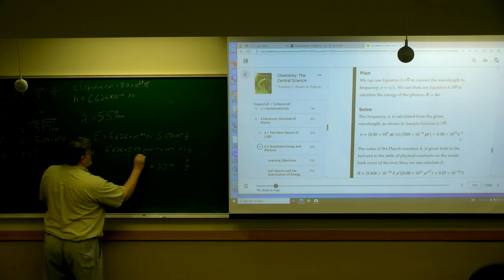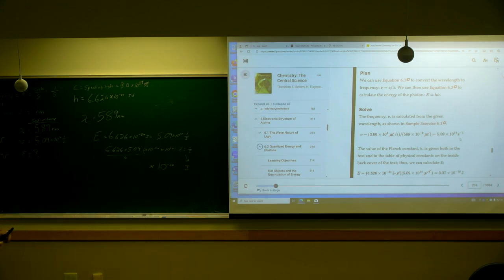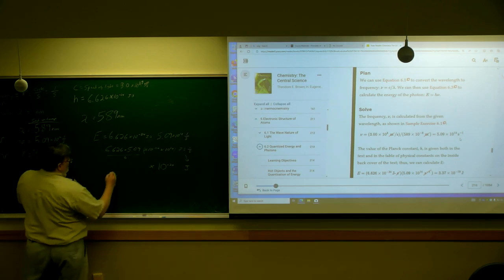And then this, I'm going to do it with my calculator, and we can fix the powers of 10 after that. Times 5.09, my calculator says, in 3 significant figures, 33.7.